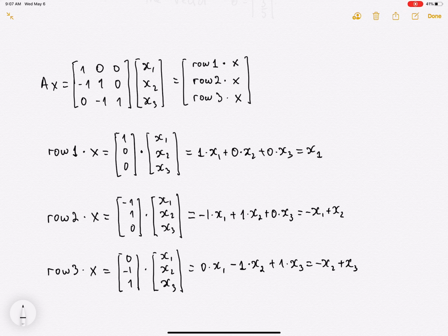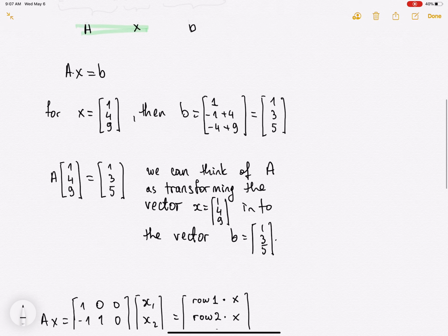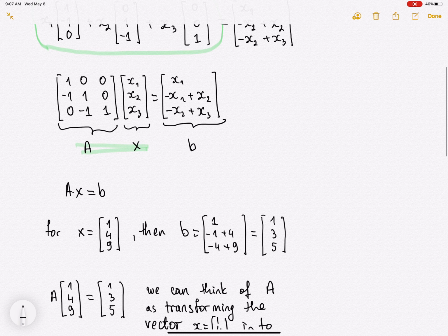Now, row multiplication, using the dot product, is convenient if we know the x's. If we are working with numbers and we just want to compute the answer and see what the product was. But conceptually, it is much better to work with the columns because we look at the answer of Ax equals b over here.